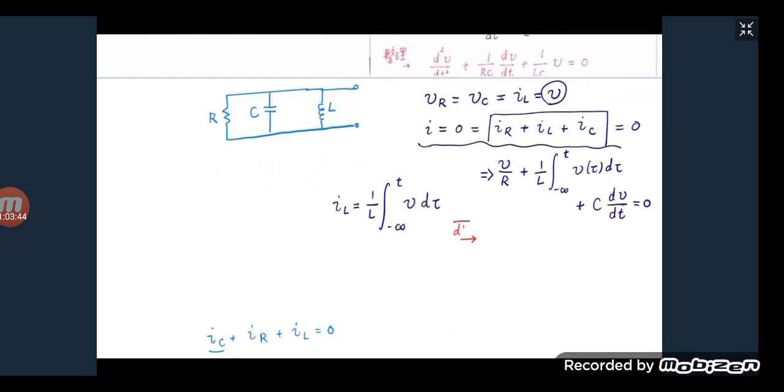So we take a simple way. We further take another time derivative, and we see that it becomes V over L plus C d squared V over dt squared is 0.